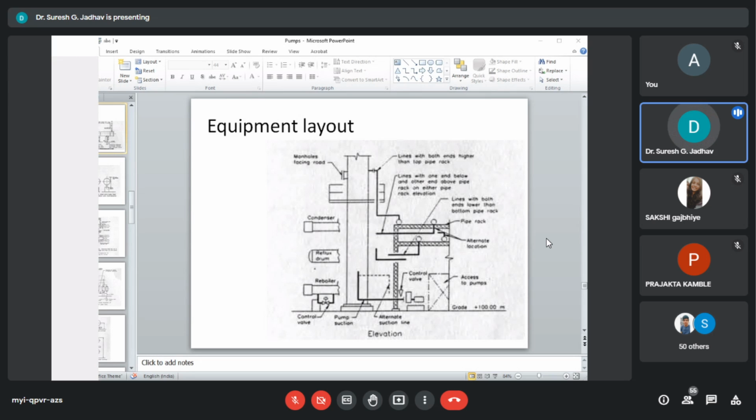Manhole faces the access roads or access aisles in case of indoor layouts. A platform is provided below each manhole at a distance of 750 to 1000 millimeters below the center line.